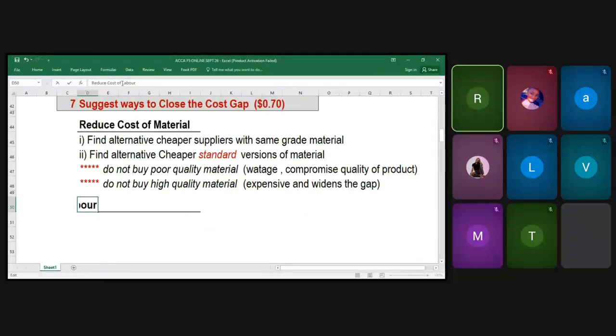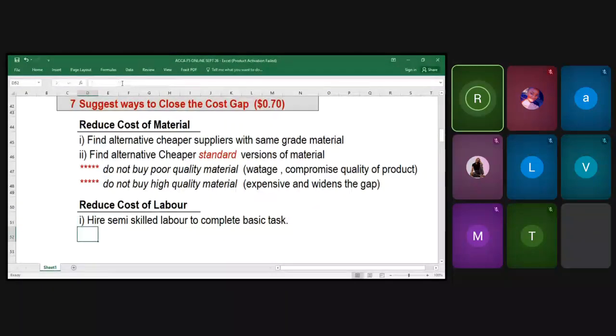All right. Reduce the cost of labor. Number one, hire semi-skilled labor to complete basic tasks. All right.